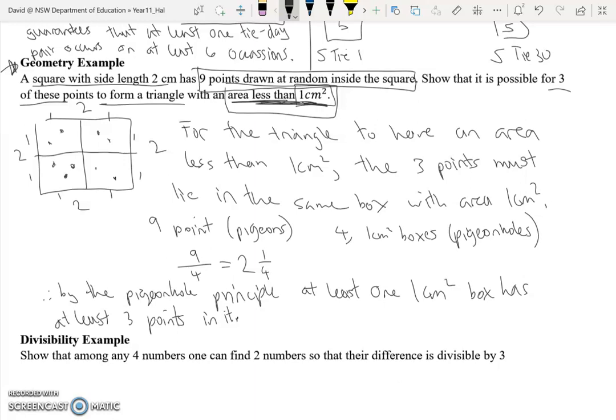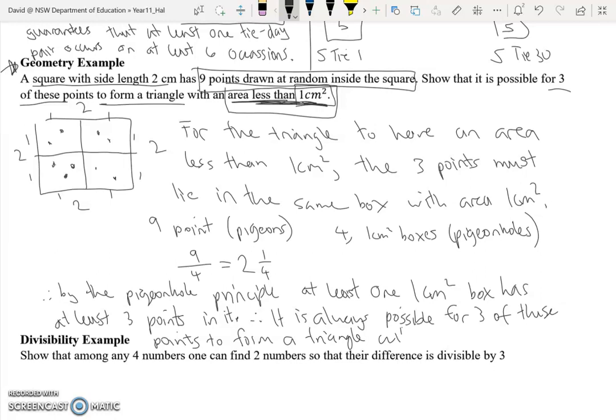So basically, I'm going to write, therefore, it is always possible for 3 of these points to form a triangle with area less than 1 square centimeter.